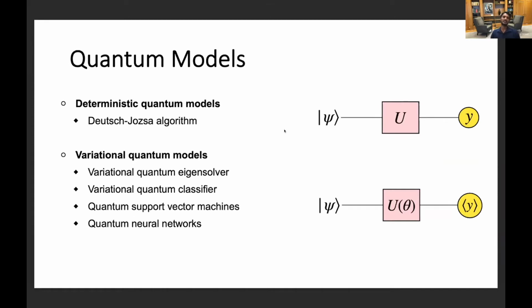But what one does is start with some kind of guess, and then using optimization and gradual learning, one converges to an answer which may be approximate to the real answer we are looking for. This is called the variational principle, and based on it, these are variational quantum models. The examples at the moment are the variational quantum eigensolver, variational quantum classifiers, quantum support vector machines, and quantum neural networks on the near-term devices.